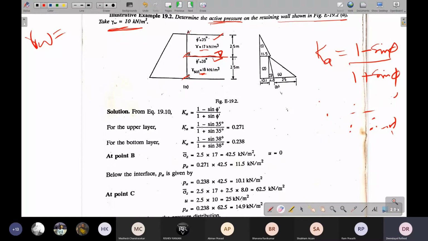So once you know Ka, Kp, and once you are able to find out the vertical stresses, you can easily find out the active earth pressure. What is the next step? First step, we have to calculate the Ka values. If the two soils are different, then calculate both for the upper layer and the bottom layer. This is bottom, this is upper layer. These are the values.